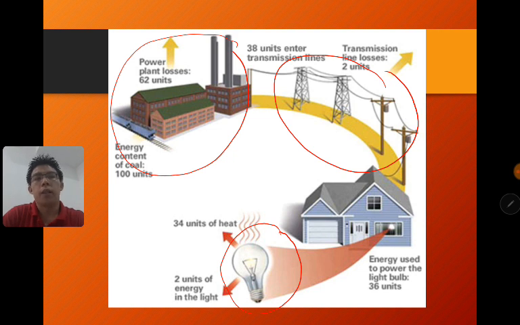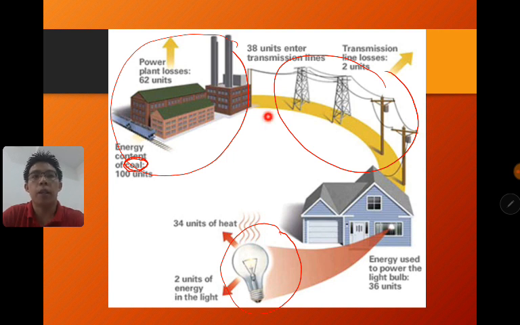At the power plant, the purpose is to generate energy from the coal, or probably hydroelectric, but in this case it's coal, that initially has 100 units. That's the input in this system.